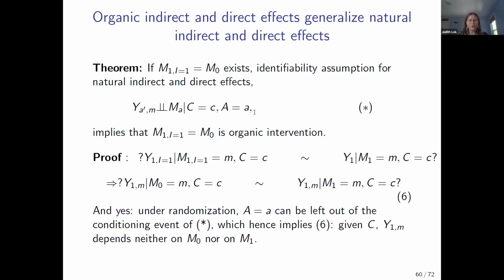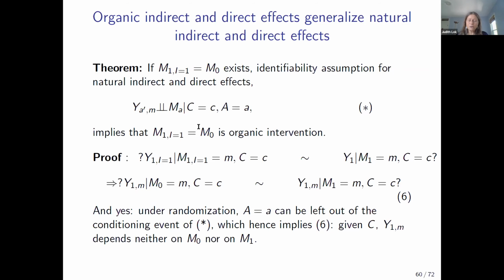I think you have this also in your discussion. If this identification assumption holds, you can show along these lines, which I won't go into but people who are interested can look at my slides, that setting the mediator to M0, an intervention on the mediator, is actually an organic intervention. So that is the first thing that I wanted to say.